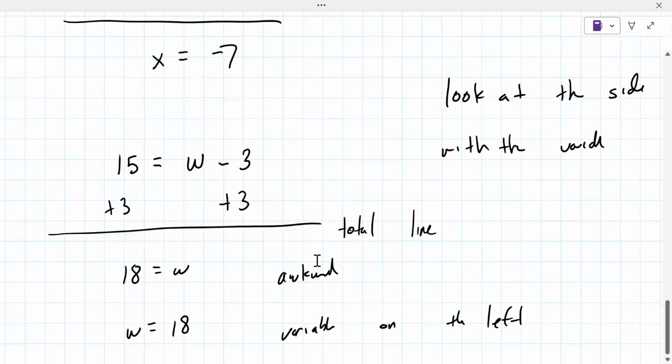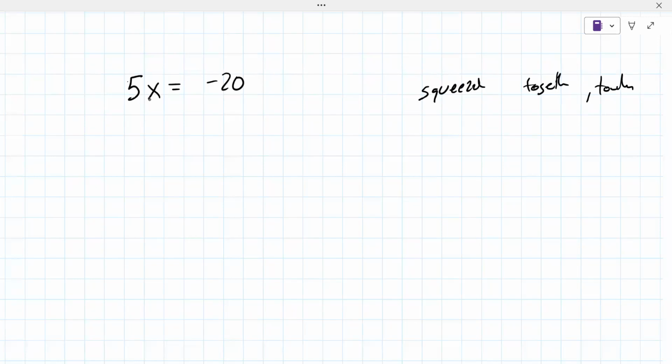But a couple more examples here. So let's say it's 5x equals negative 20. So you look at the side with the variable. What do you see on the side with the variable? What's going on here? Multiplication. So when the variable and the number are squeezed together, touching, that's multiplication.